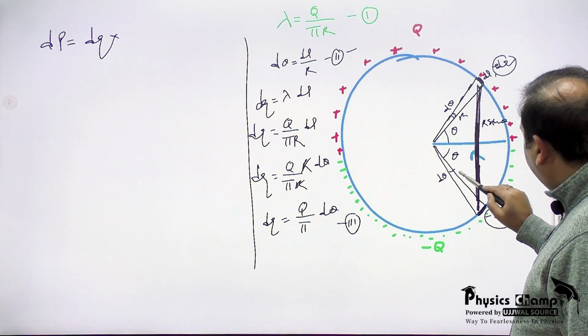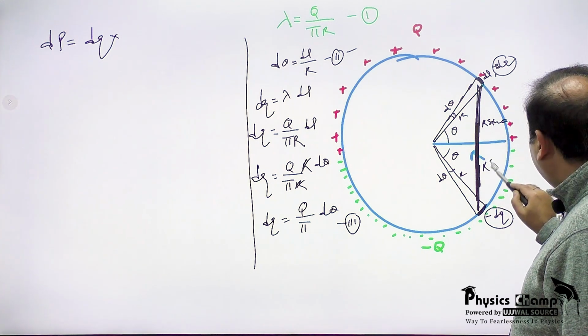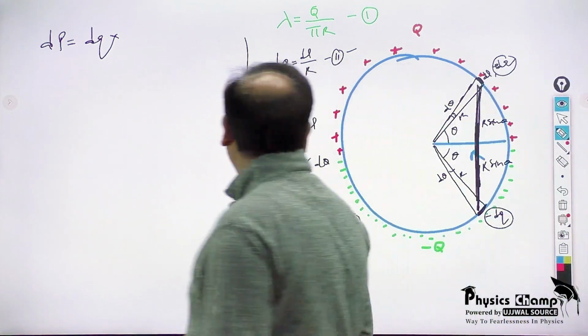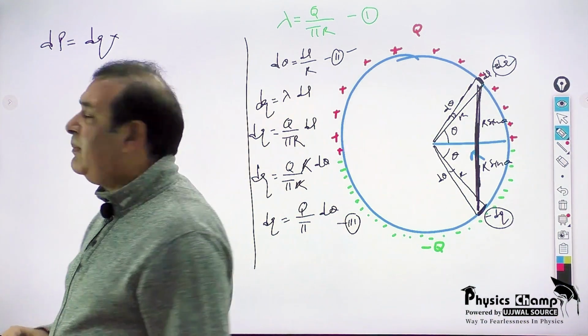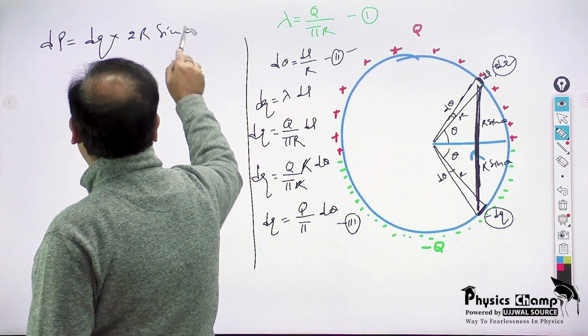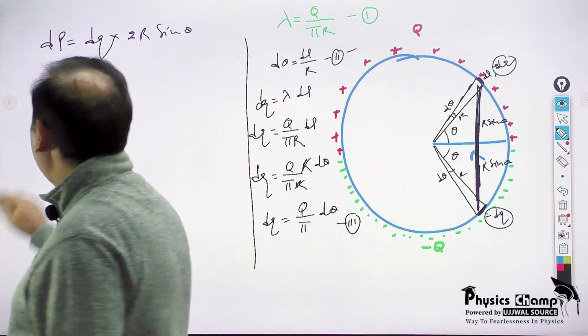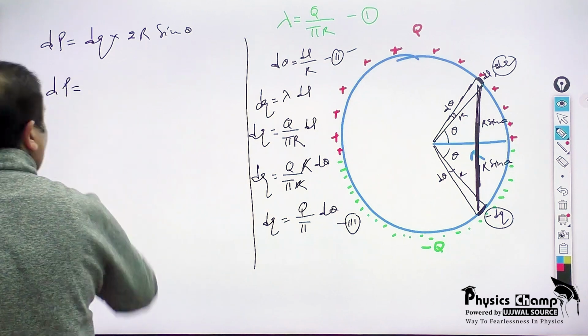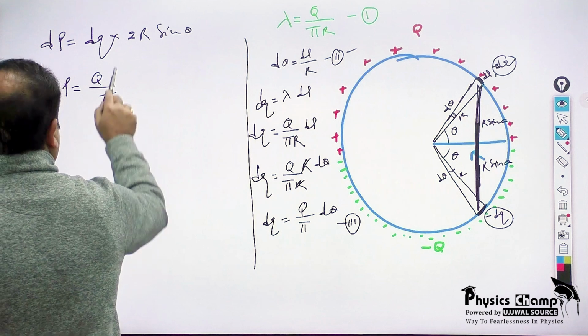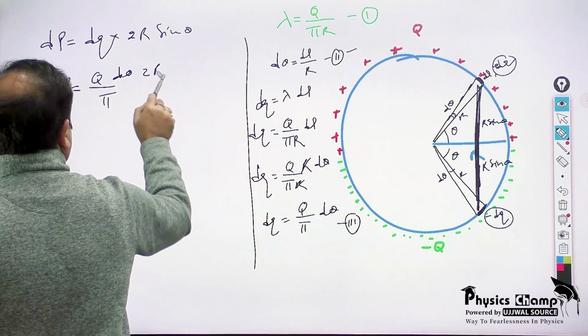Similarly, this is the radius r, this angle is theta, this is r sin theta. So the separation between the two charges plus dq and minus dq will be 2r sin theta. So this dipole moment dp is q by pi d theta into 2r sin theta.